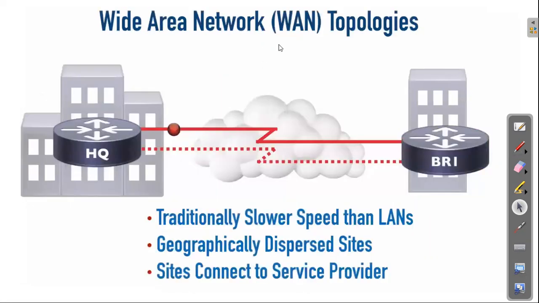The next, wide area network, WAN topology. What are the technologies we are using to connect a wide area network? Traditionally slower speed than LANs, that is well known, and geographically dispersed sites. Sites connect to a service provider.